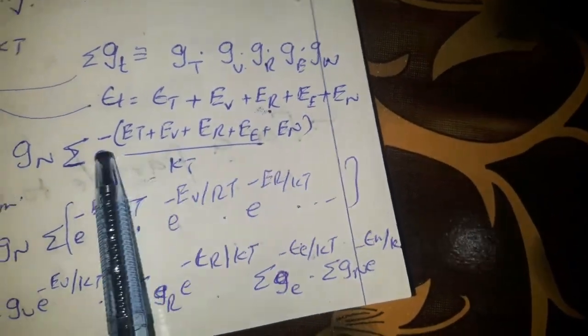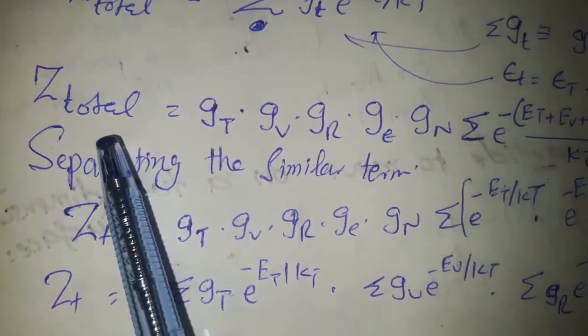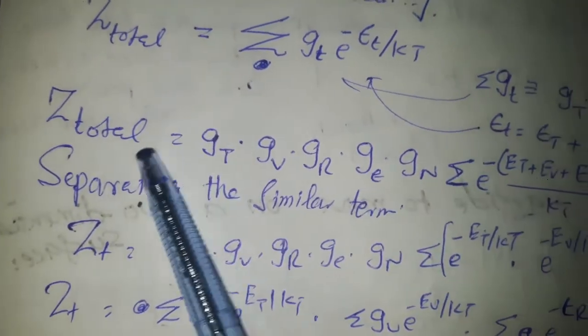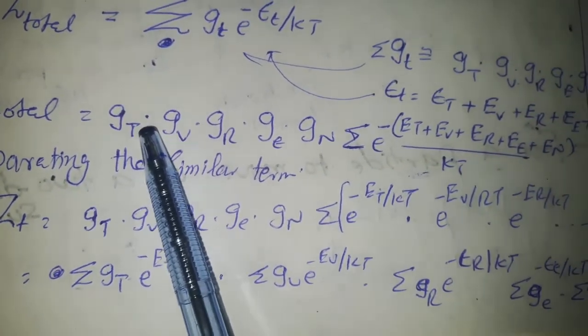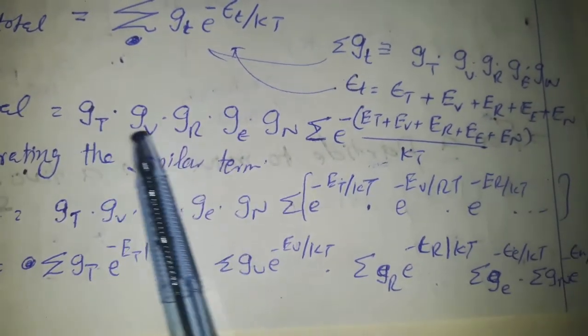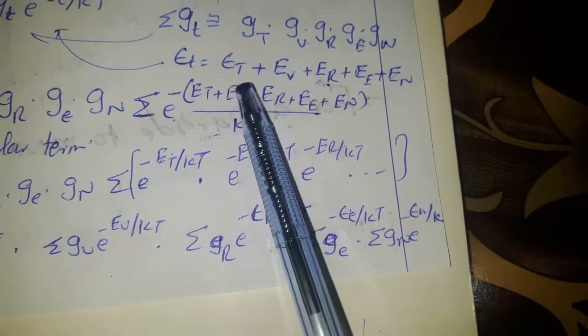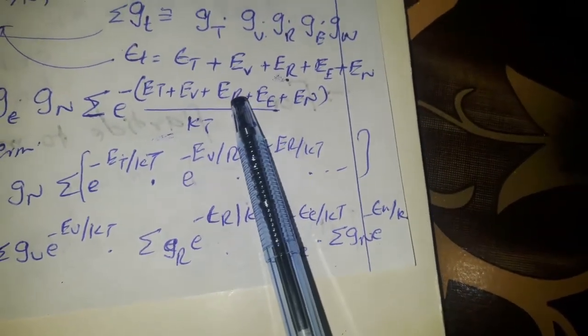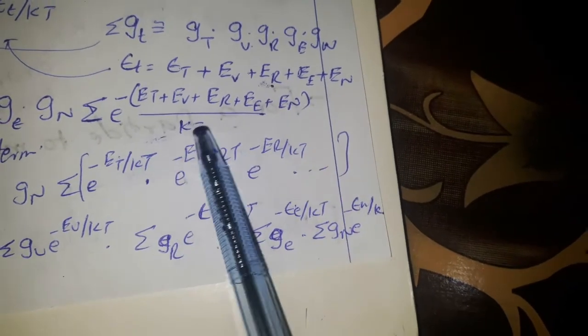Putting the values in this basic equation, we have the total partition function as the product of the degeneracies of the different motions, times the summation of e raised to minus translational energy plus vibrational energy plus rotational energy plus electronic energy plus nuclear energy, divided by kT.